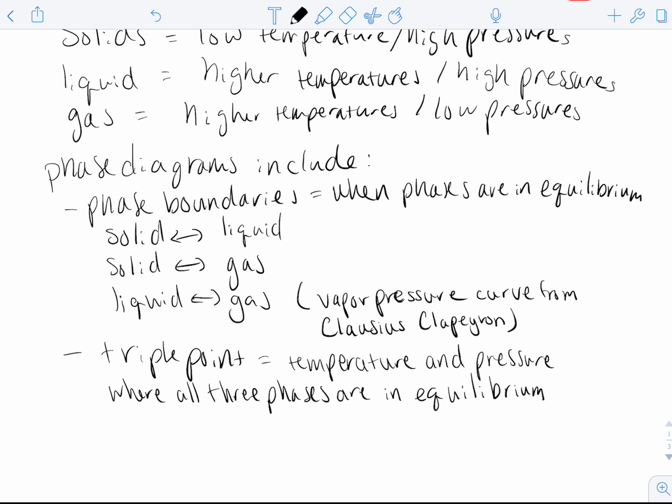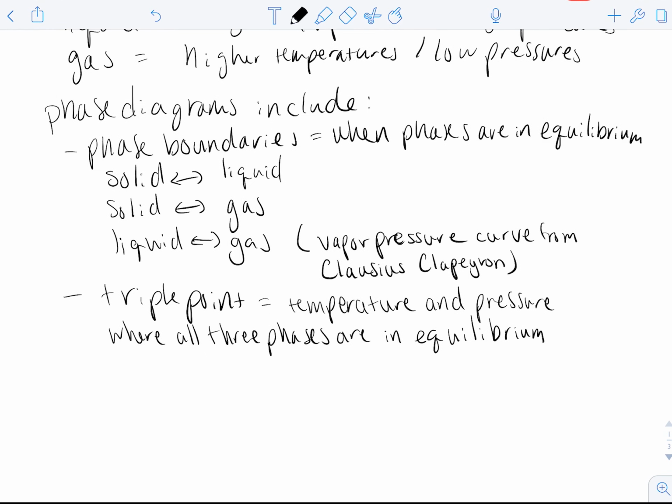Okay. Then we have what's called the critical point. This is a point where a liquid and gas have the same density, so they are indistinguishable from each other.